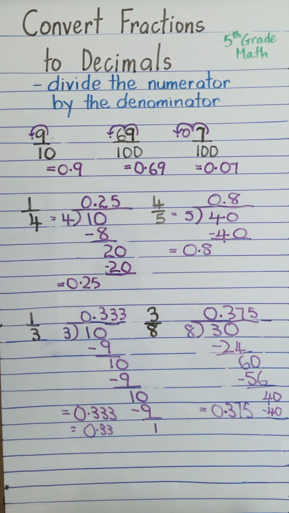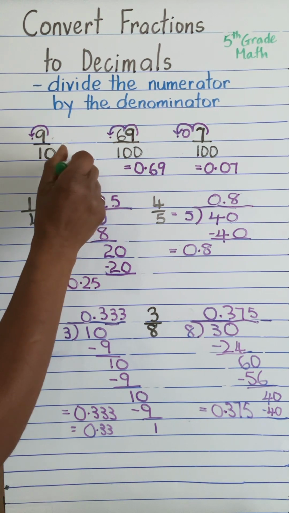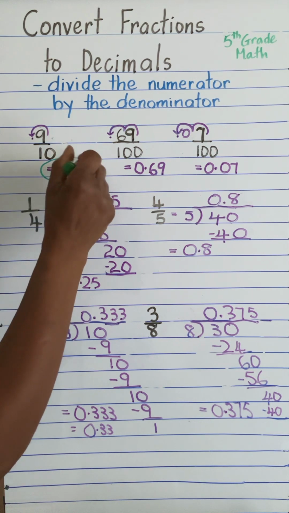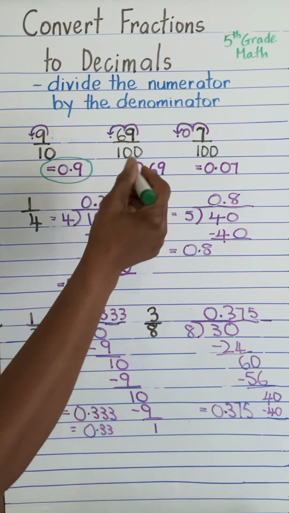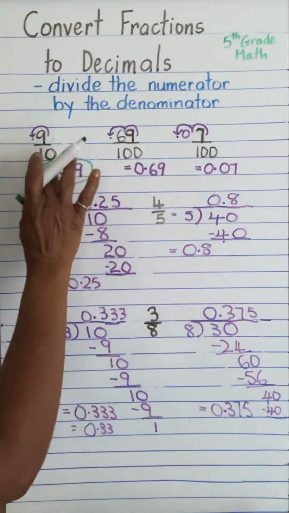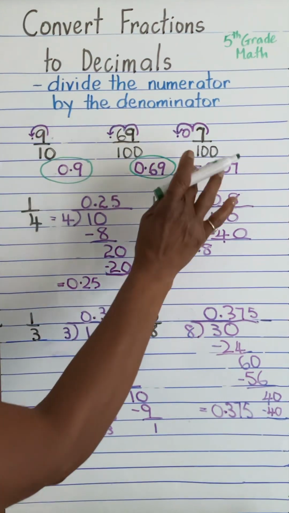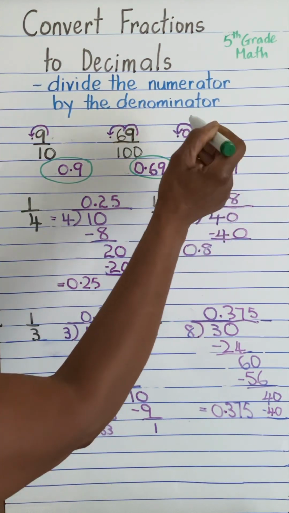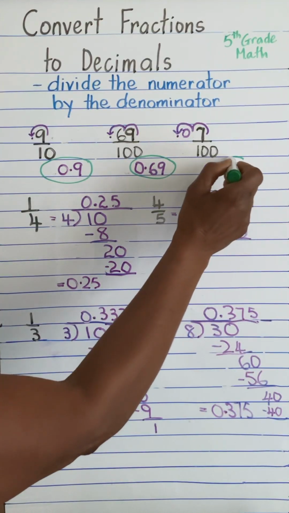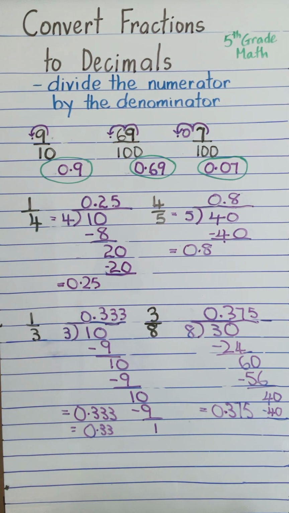And there you have it. 9 over 10, 0.9. 69 over 100, 0.69. 7 over 100, 0.07.